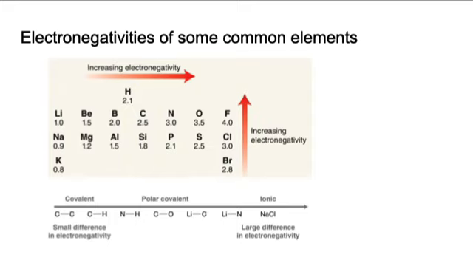When an atom with high electronegativity bonds covalently to an atom with low electronegativity or lower electronegativity, the result is a polar covalent bond. When there are small electronegativity differences between the atoms in a covalent bond, that bond is said to be non-polar.